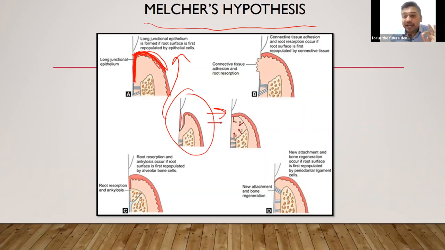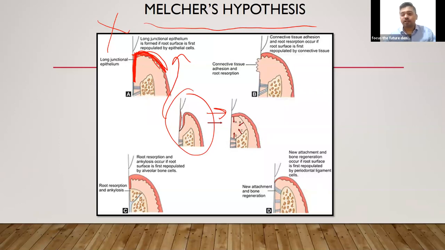So is this ideal for regeneration? No, it is not ideal for regeneration. But is it a good thing that is happening? Let's not bring regeneration into the concept here.